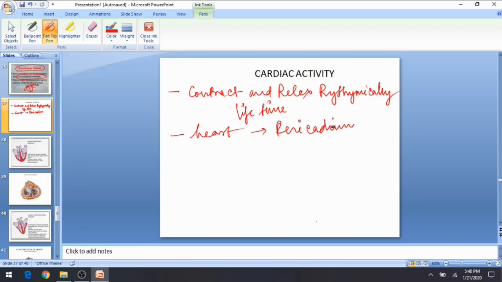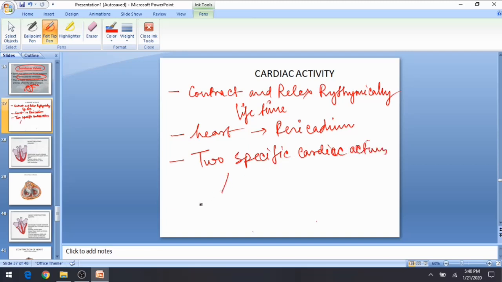It protects the heart from this jerking effect or any damage due to this rhythmic effect. So while contraction and relaxation, two specific cardiac activities happen.